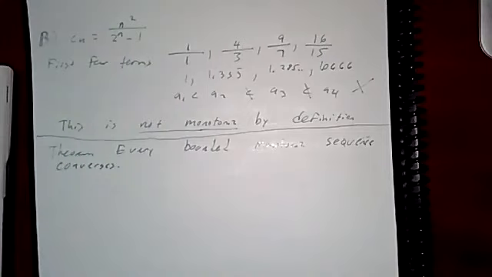So if you know it's decreasing and you know that it is bounded, you automatically know that it is convergent.